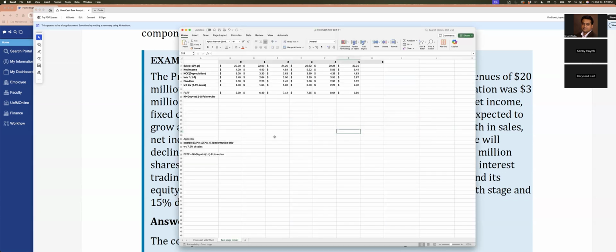So now it's all of a sudden from 10% we drop it to 5%. From here it's a perpetual. So the value is D0 times 1 plus g over r minus g. That's the formula we use for this one.